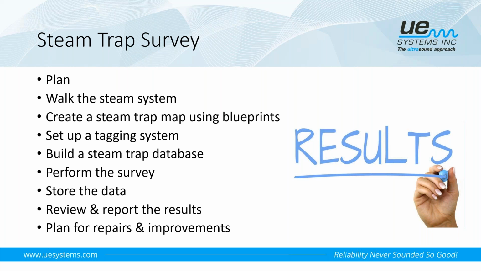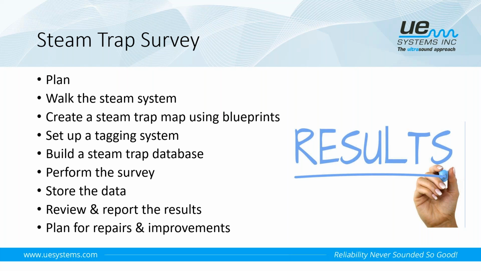So all the various areas where this steam is in use, making note of all the traps within those areas. So again, you want to try to make it manageable, not only for the work that's done during the survey, but also manageable from a reporting and documentation point of view. So once we've done all that, we're going to go out and perform the survey. We're going to take out our spot radiometer for temperature. We're going to take out our ultraprobe.